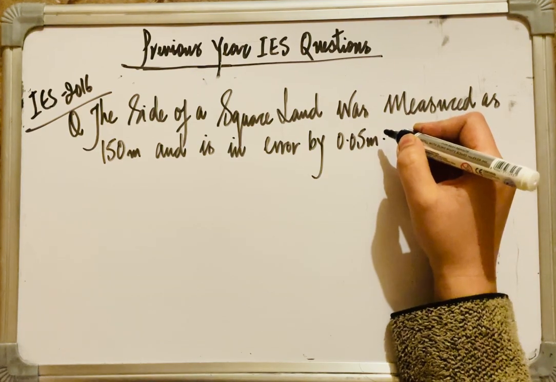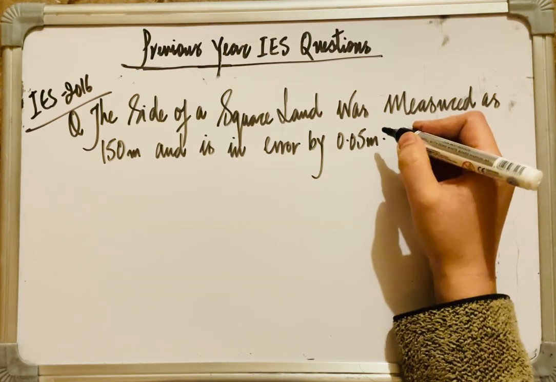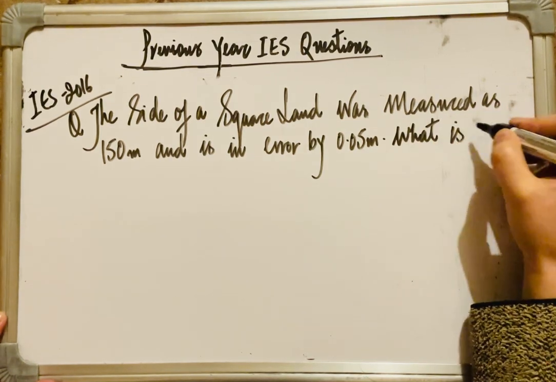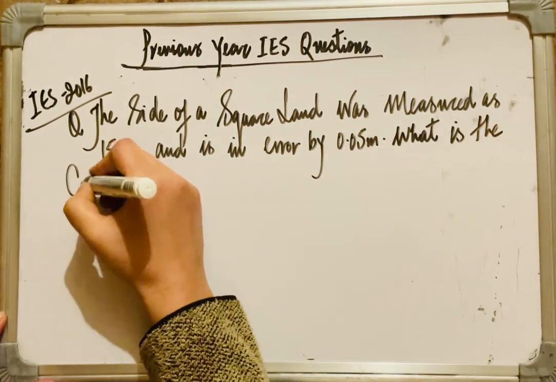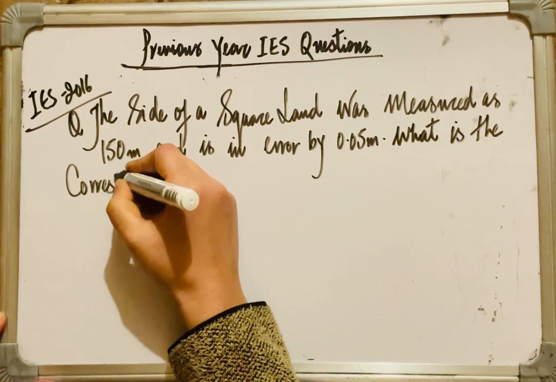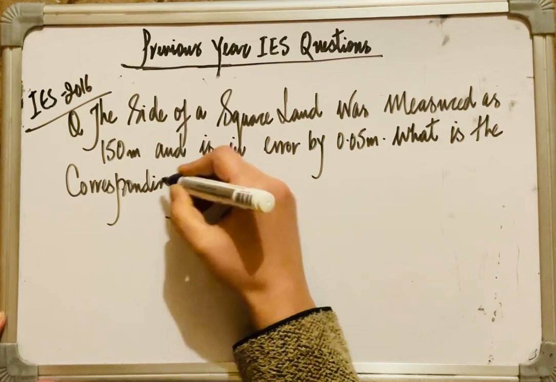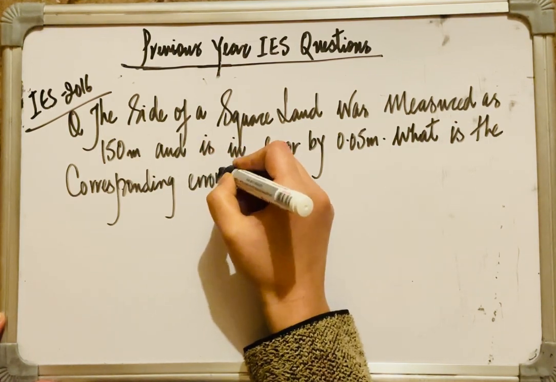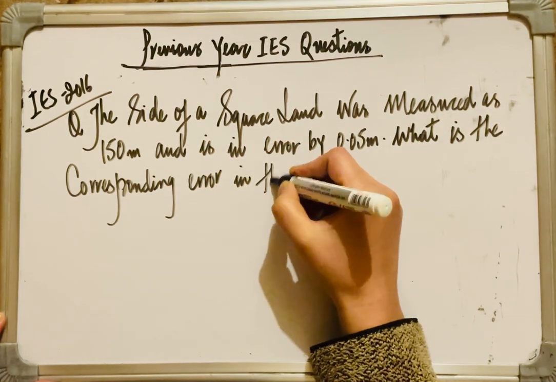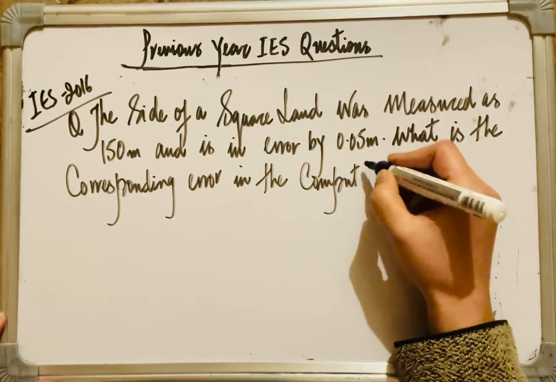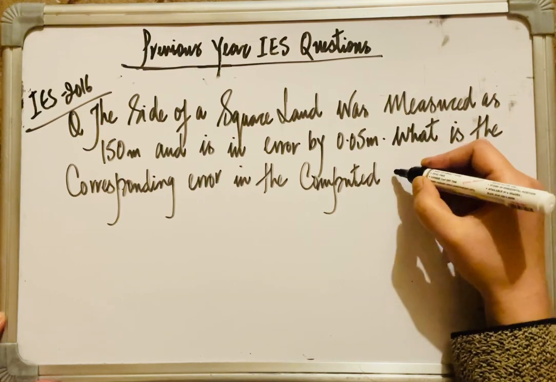What is the corresponding error in the computed area of the land?